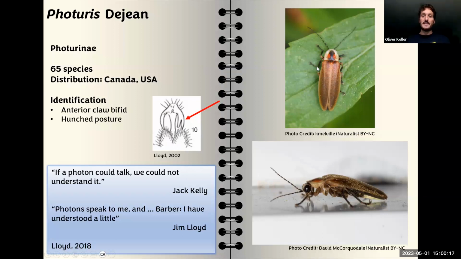And this on the top right is a very generic looking Photuris. A lot of the species look exactly like that, with this colored head shield with red and black, and this black vitta in the middle. And then, like I mentioned before, this stripe on the elytra in the hind forewings is very typical for Photuris.